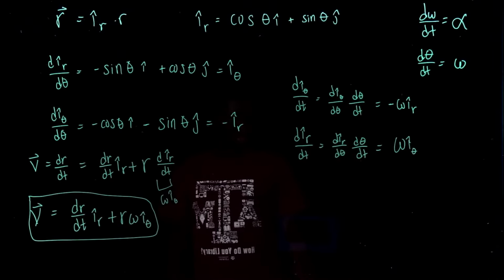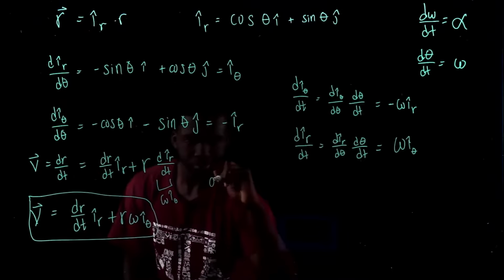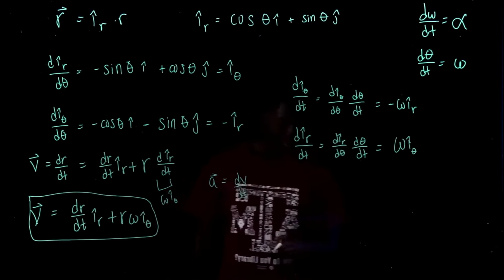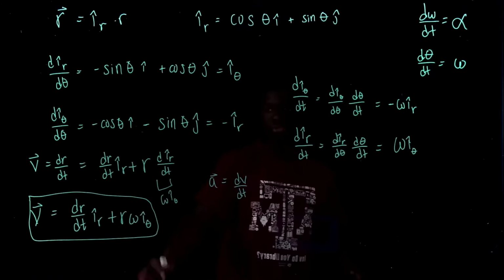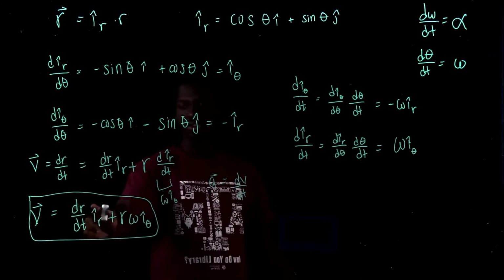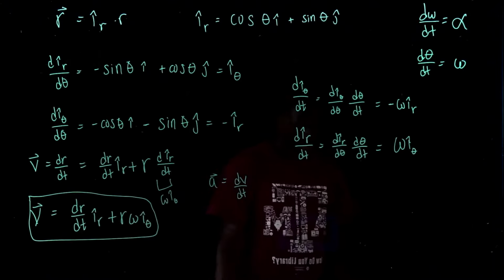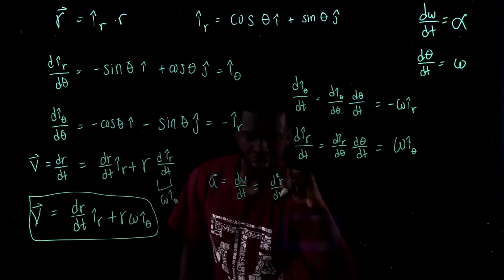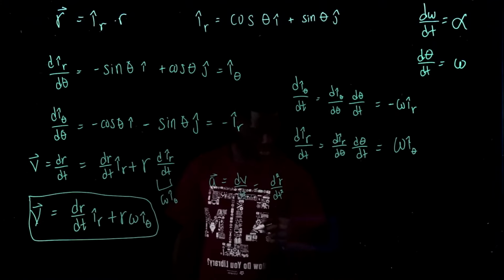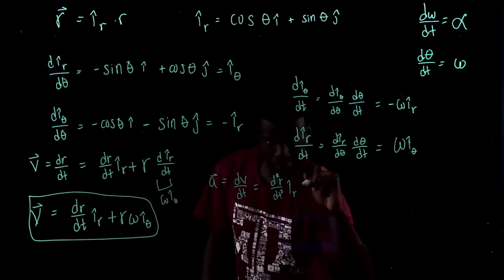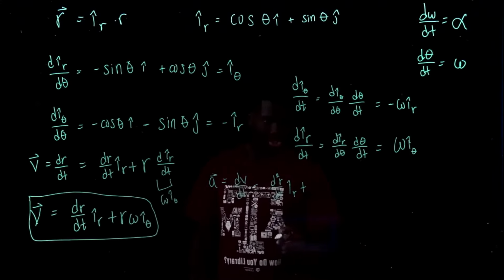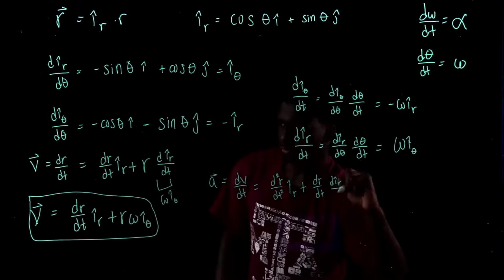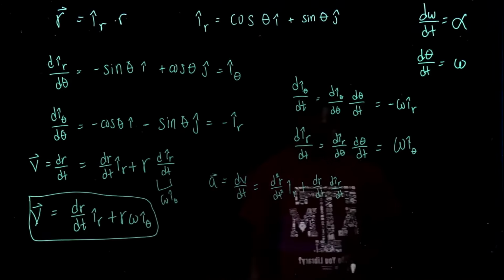Now you're going to do the acceleration. Acceleration is the derivative dv dt. That's the formula. So all you're going to have to do is the same product rule, but now for each term in this equation. So let's go ahead and get started. It's going to be equal to d squared r over dt squared times i_r, plus dr dt di_r dt.